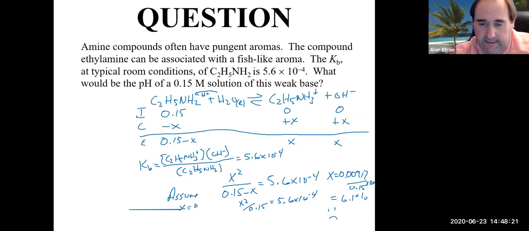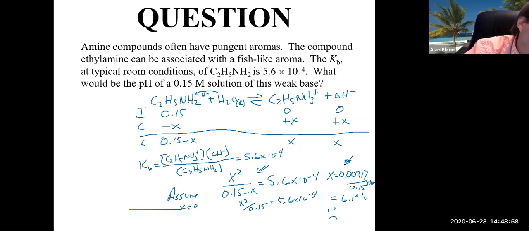If you did the assumption down here on the right, which is what we did over here, you got an X value of 0.00917. And if you take 0.00917 and divide it by 0.15, times 100, you actually get 6.1%, which is technically over our limit there of 5%.